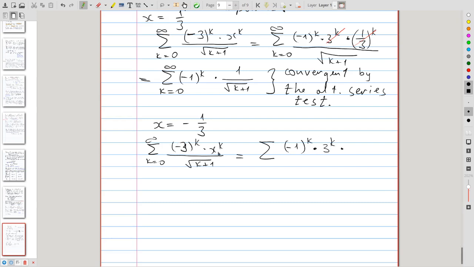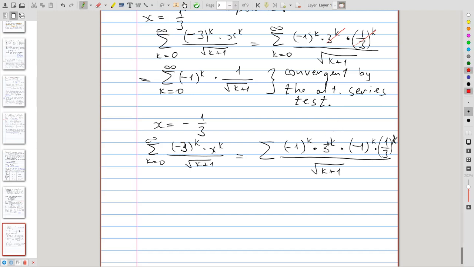And we will replace x with minus 1/3. Similarly, minus 1/3 to the k is minus 1 to the k times 1/3 to the k. Everything divided by square root of k plus 1.